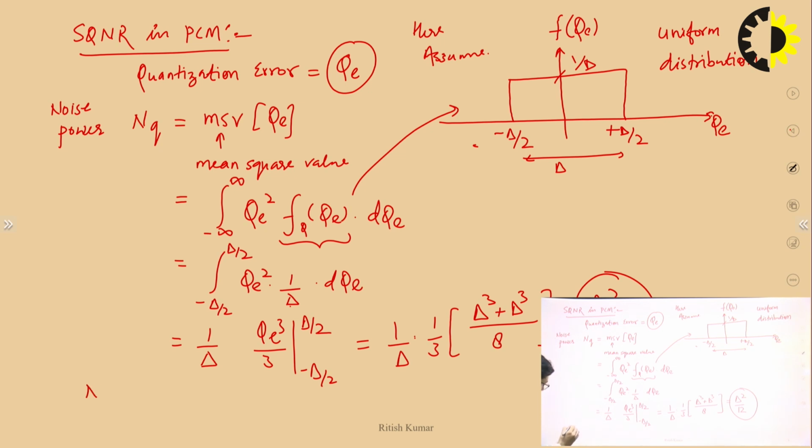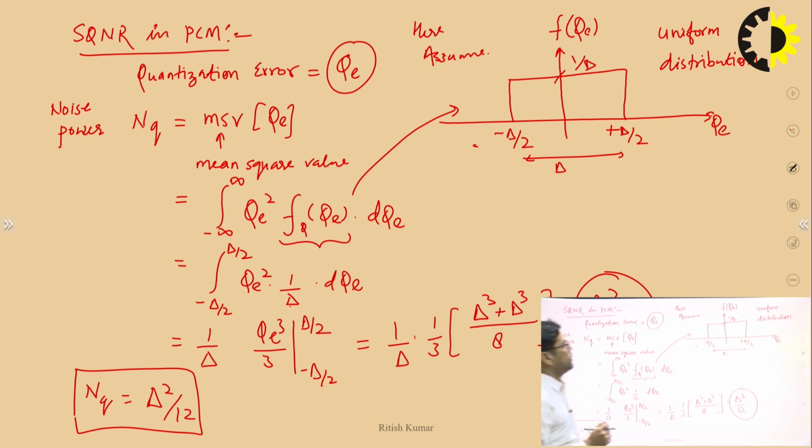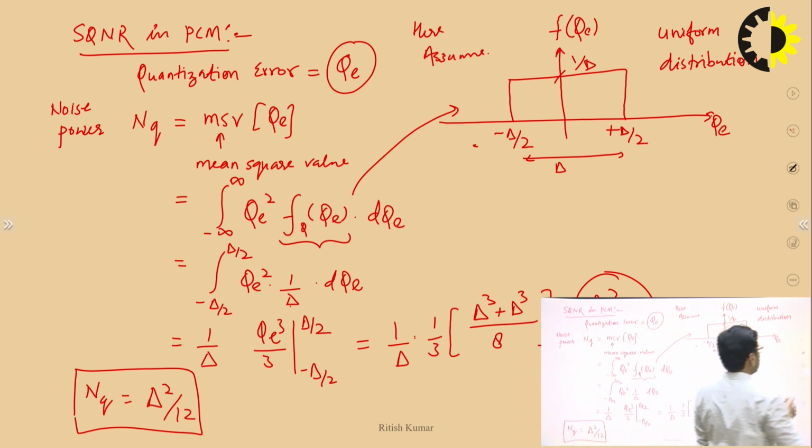So Nq is equal to delta square by 12, this is quantization noise power. Now our aim is to calculate the signal to quantization noise ratio, SQNR. Then I have to calculate the signal power as well.